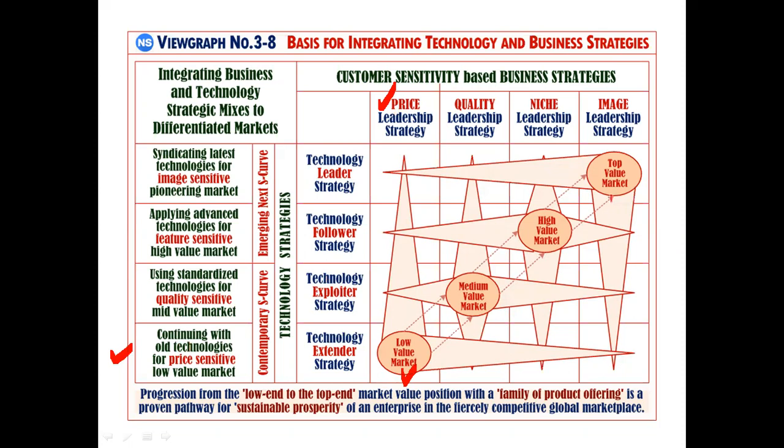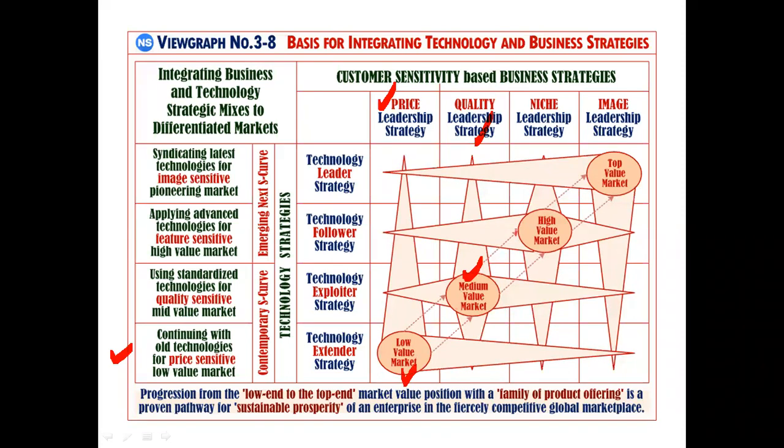But we all know that if we want a better quality product, business people use the quality leadership strategy to go to the medium value market. And we can take the example of Camry. Camry is a better quality car than Corolla, and it sells for about $20,000. This was $15,000, this is $20,000 US dollars.